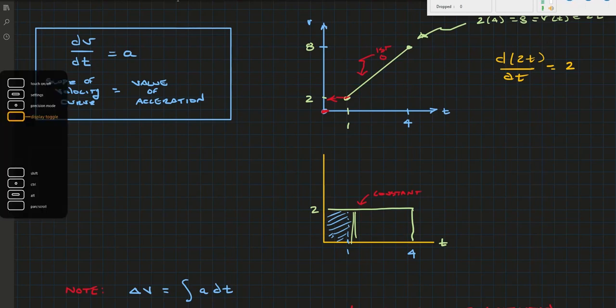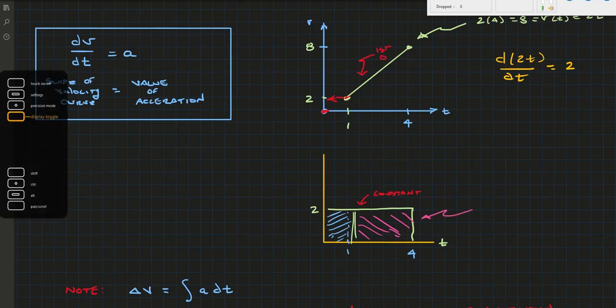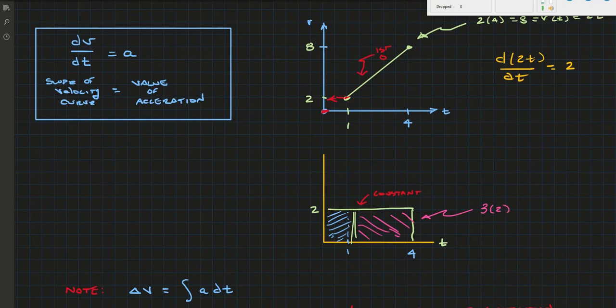This area that I'm going to shade pink here is three times 2 equals 6, and 6 plus 2 equals 8, and that will give us this point.